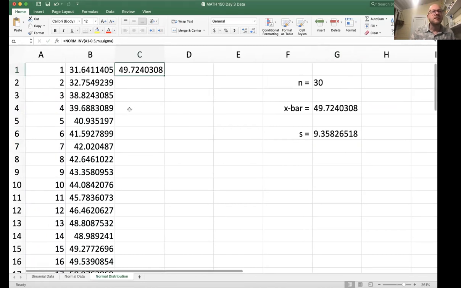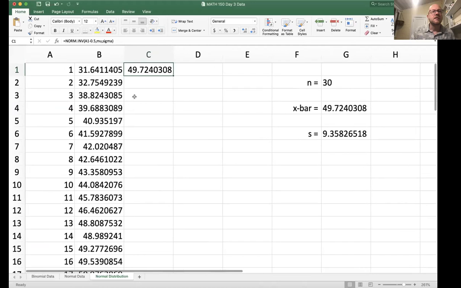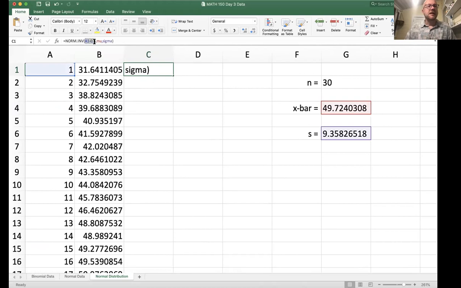So that norm inverse, that mu and that sigma for that probability. I'm sorry, folks. It is late at night and I have messed this up. Okay.